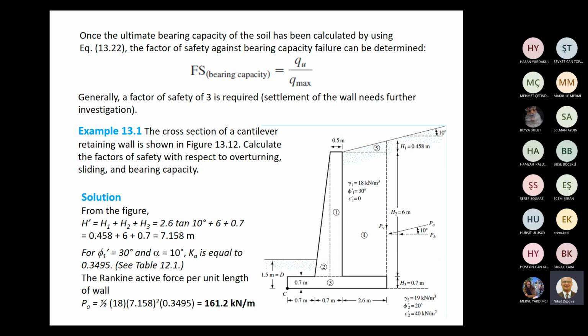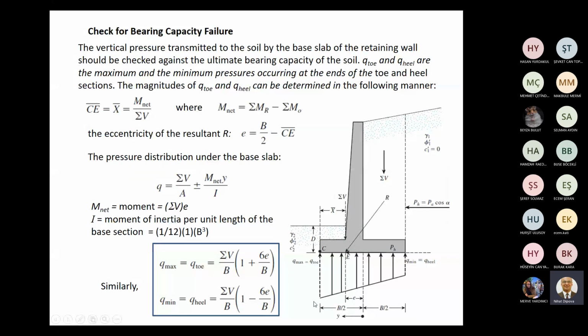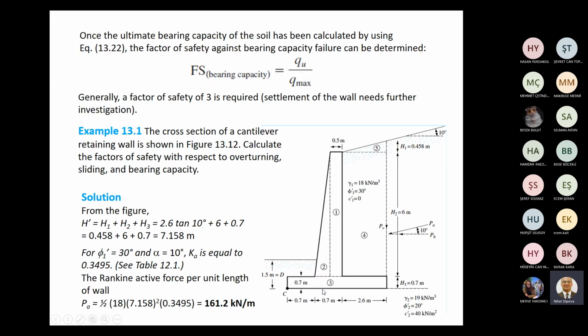Once the ultimate bearing capacity of the soil has been calculated by using bearing capacity equations that were given in the bearing capacity chapter, the safety factor for bearing capacity will be equal to bearing capacity divided by Qmax. We will consider the maximum value for the bearing capacity check.